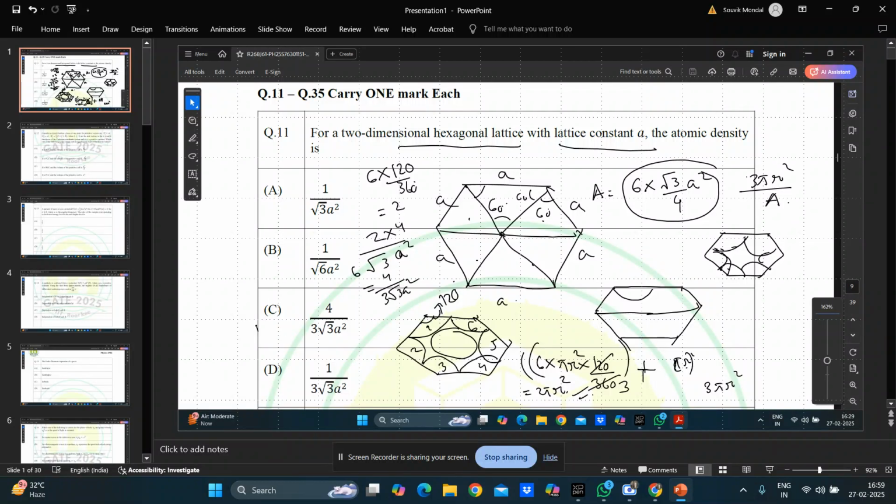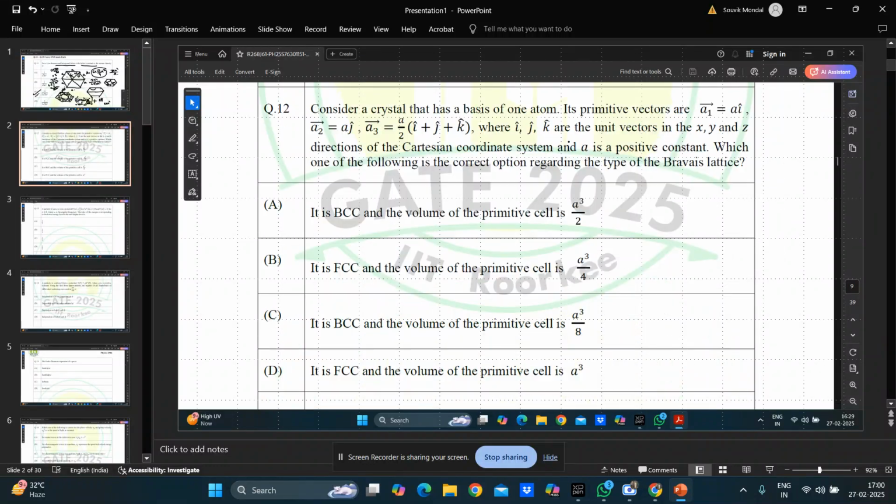So this will be the right option. And if you consider the extra central atom, then it will be 3 into 4 by 6 root 3 a square, right? I think there is no option matching with this one, so if you don't consider the central atom, then this will be the correct answer.